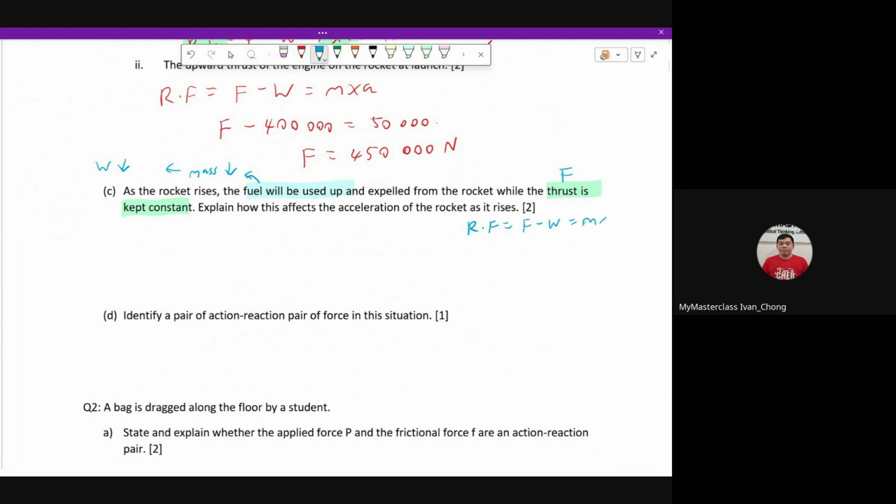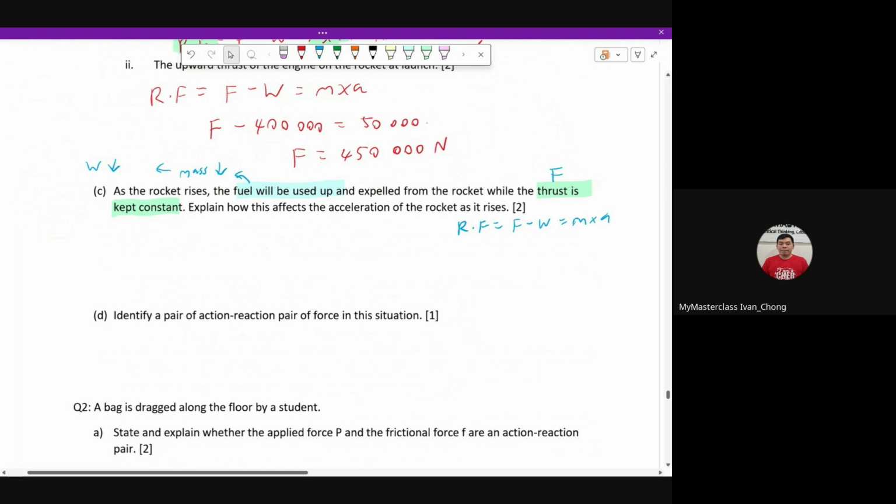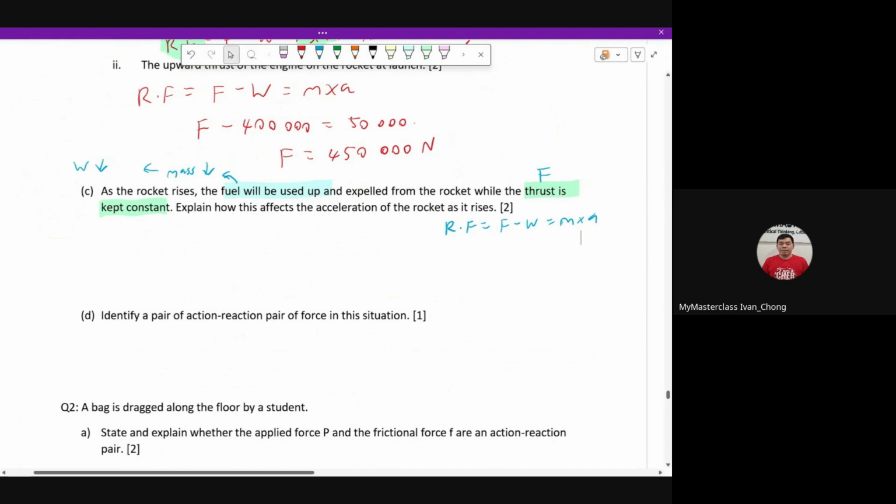Okay, so how are we supposed to explain this now? Basically, these five over here, RF, F, W, m, and a, are all your keywords in your explanation. So let me jot it down in words so that I can answer this question. First thing is when fuel is used up, the mass and weight, or to be more specific, the total mass and weight will decrease. Okay, so what happens?